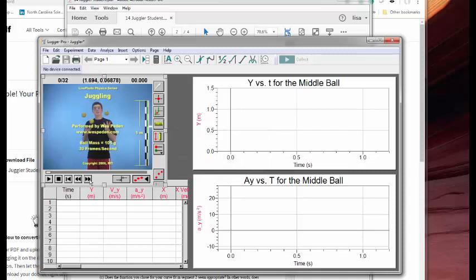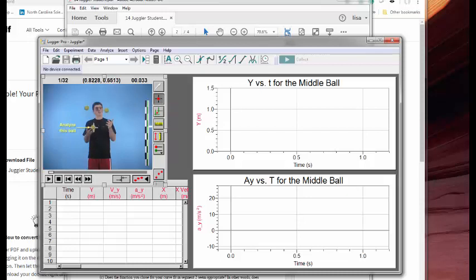And then, as described in the lab, you're going to advance 1 frame. There's actually 32 or 33 frames in the video. And you're going to track the motion of this third ball here, the one in the bottom of the video. You're going to click on Track or Add Point, and you're going to pick one area of the ball to track.